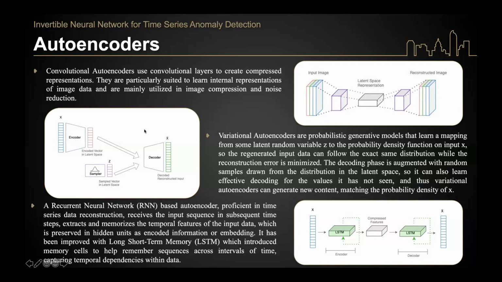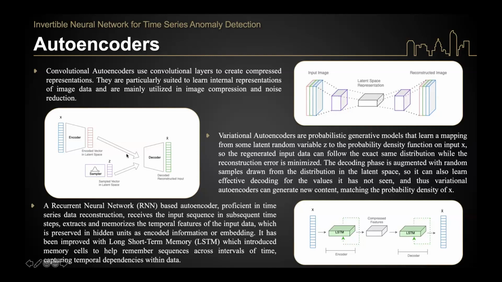And then another type is a variational autoencoder. This is depicted right here. The difference is that this is a probabilistic generative model, and it learns the probability density function of our input X. And with that knowledge, it can actually generate new content.